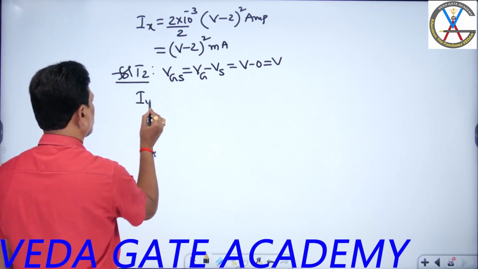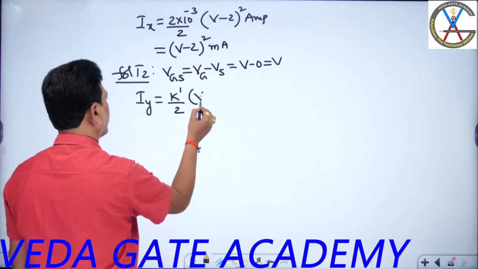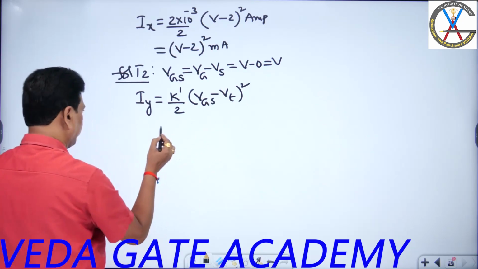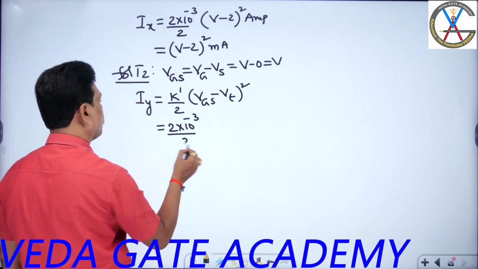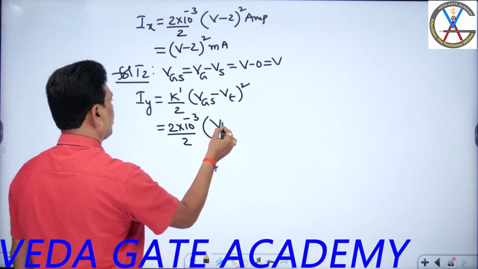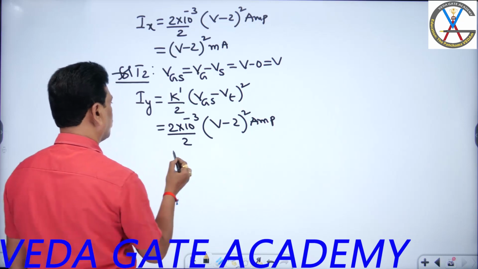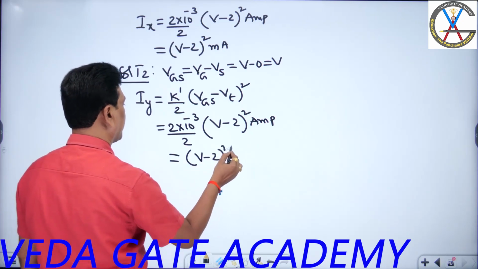Now what is the current I assume, sir? Iy, that equal to K dash by 2 again, VGS minus Vt whole square. This is again 2 into 10 power minus 3 by 2. VGS is V, Vt is 2, whole square ampere. So this is also what you can get, sir: V minus 2 whole square ampere.